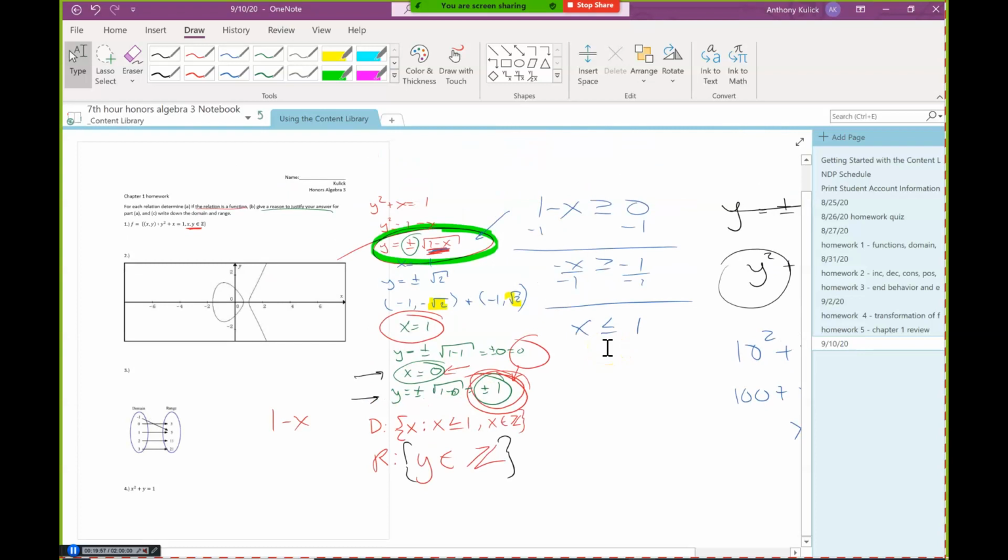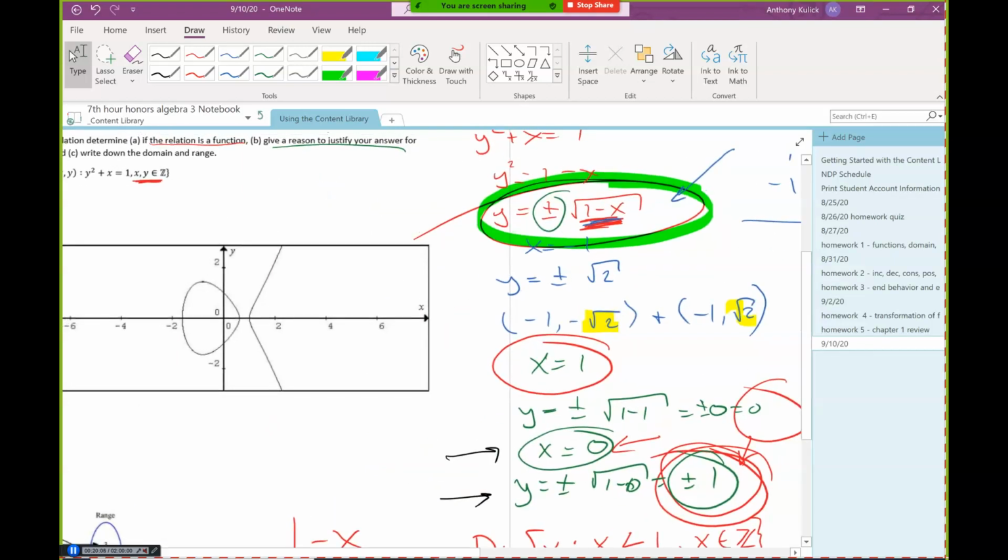Okay, so it's not a function, right? It fails the vertical line test. And the domain, you're going to have to do a little bit of estimation here because the points on the x-axis aren't labeled. So answers could vary, but maybe negative 1.8 to, I don't know, 0.8.